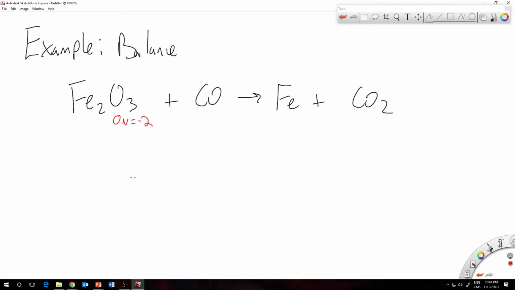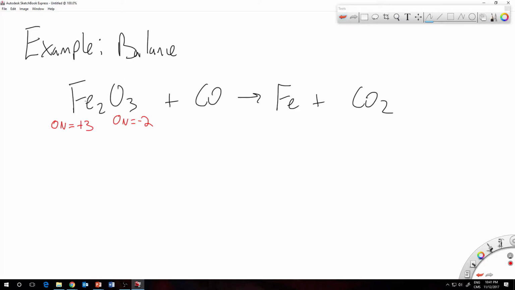We'll start with the Fe2O3. The oxygen has an oxidation number of -2, because that's what oxygen does. Iron, in this particular compound, will then have an oxidation number of, let's see, the 3 oxygens times -2 is -6. So the irons will have a total oxidation number of +3 each.